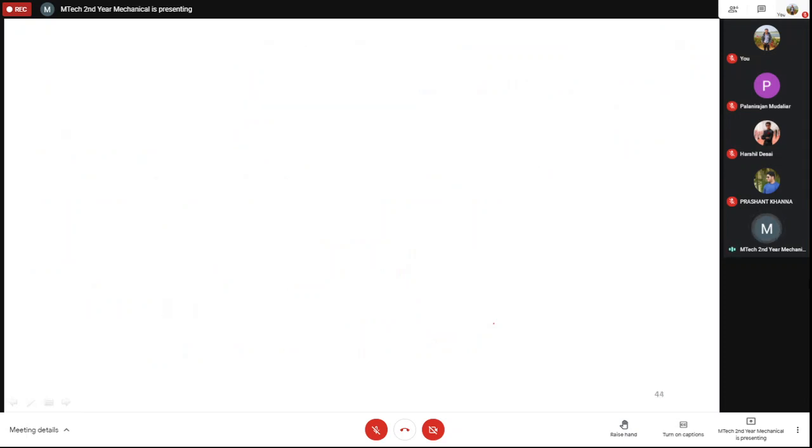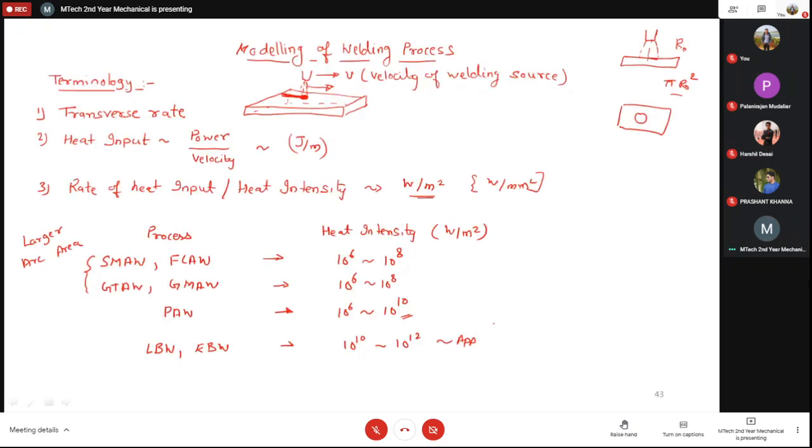Okay. Other things are like the fourth thing, which is the distribution of the heat intensity. How this heat intensity or input heat is distributed over the area. Okay, so let's say this is the circular thing.